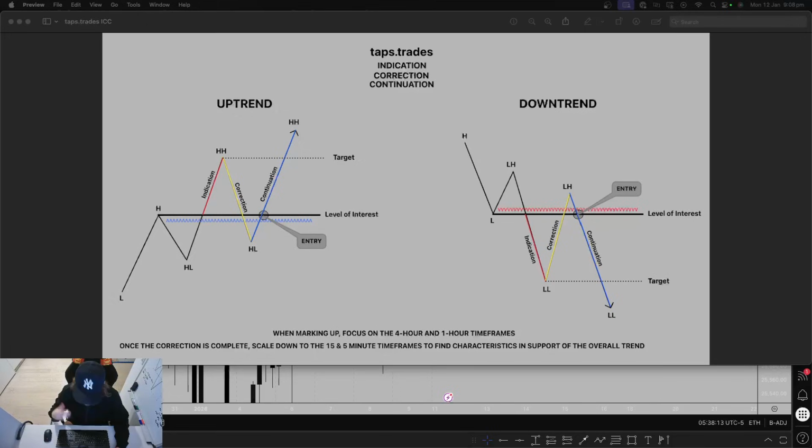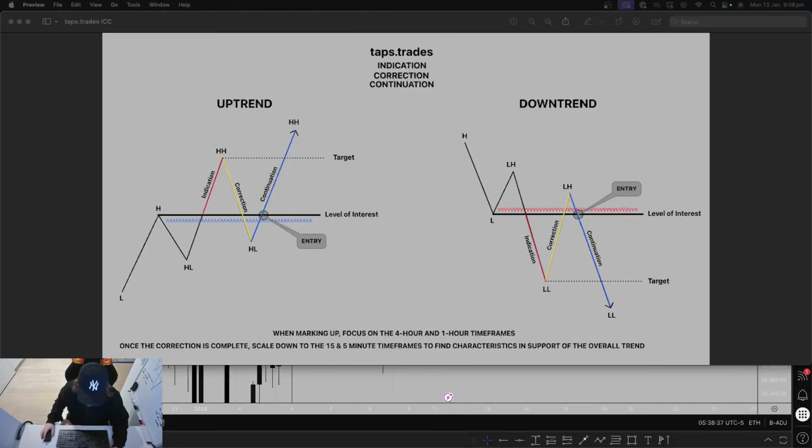So eventually, hopefully, I'll be able to figure that out and you'll be able to skip this section. But for those that are new and want to have an understanding of what ICC is, I run through the strategy every time on these videos because I've heard that it's really helpful for those that just need a reminder and or people that are just learning. So I'll run through the strategy.